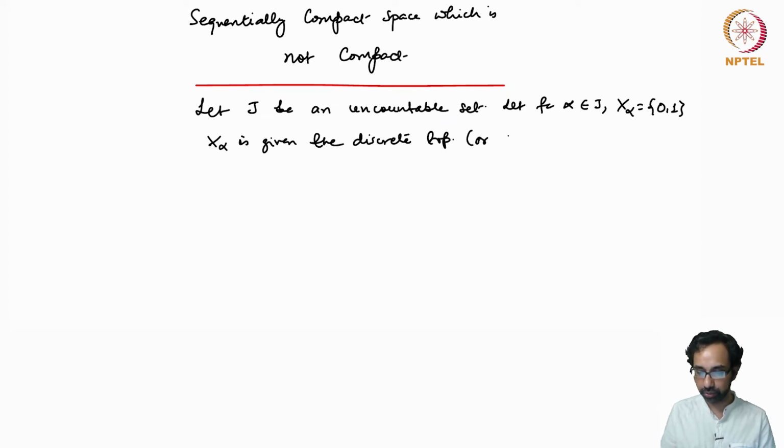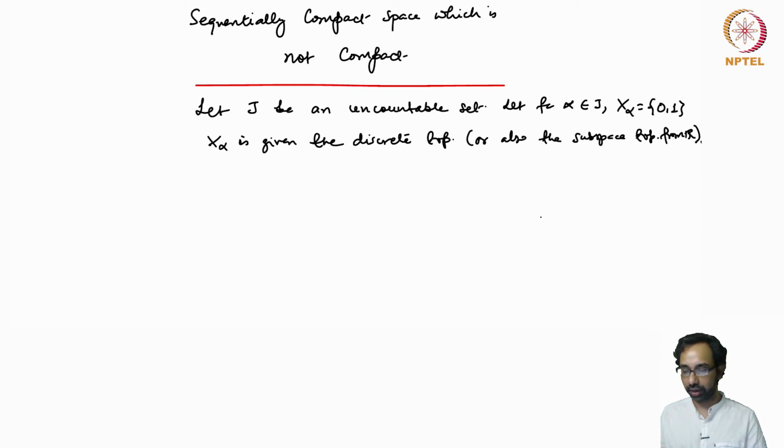Or it can also be seen as the subspace topology from R. So both these topologies are indeed the same because it's a finite set, and so the discrete topology and the subspace topology from R are the same.